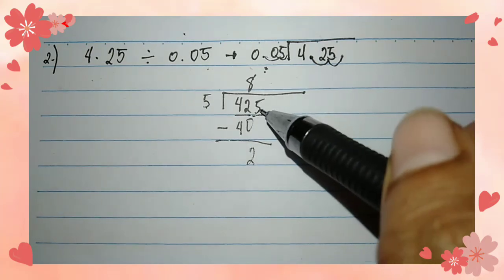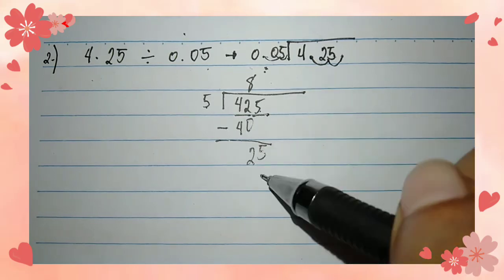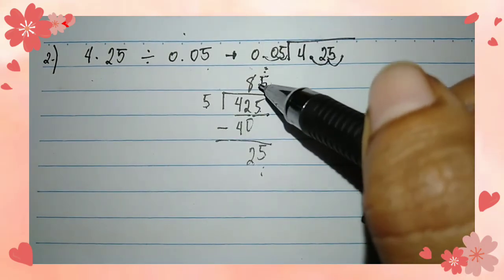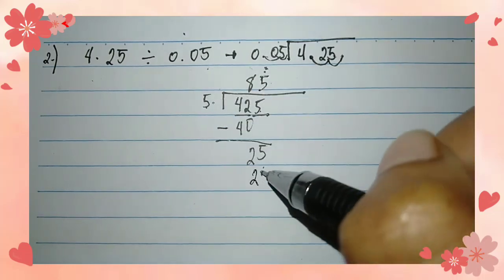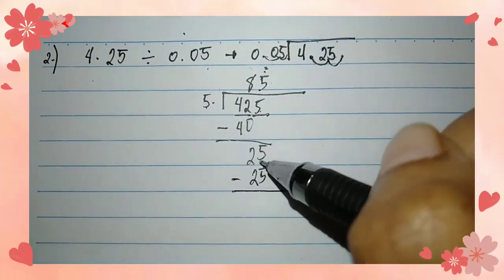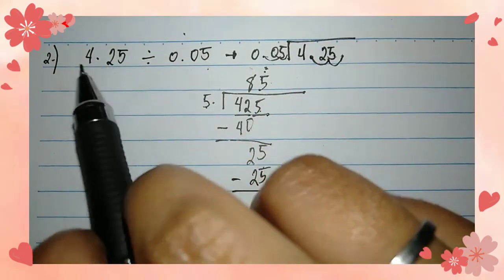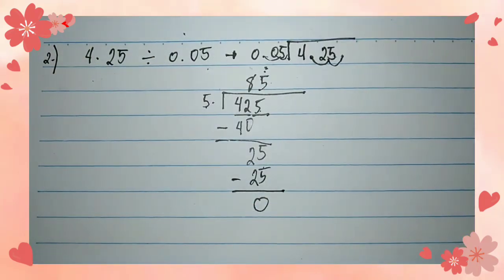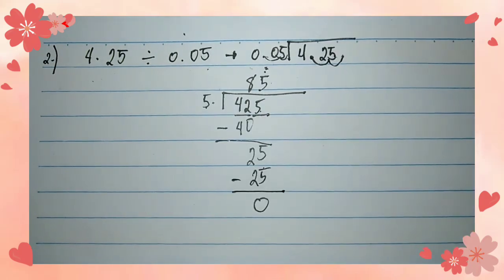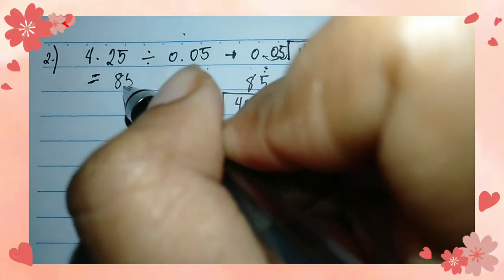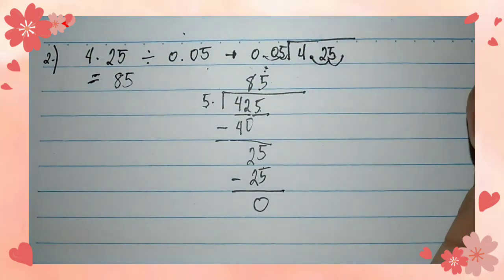So, we are going to bring it down. Yan. So, 25 divided by 5 is 5. And 5 times 5 is 25. And the result is 0. Right? So, the answer in 4.25 divided by 0.05 or 5 hundredths is equal to 85. Okay? So, ganun lang kasimple.